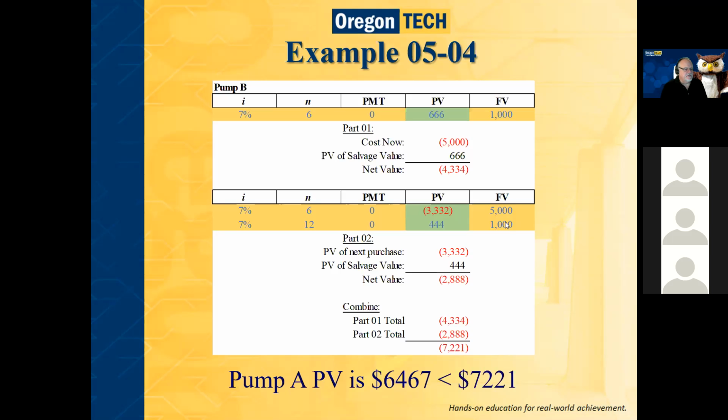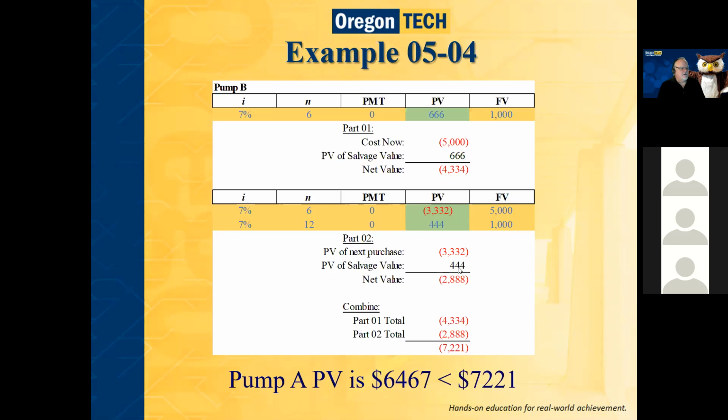And the salvage value of that $1,000, I'm going to get not at year 6, but at the end of year 12. So remember that timeline. I have 6 years for the first machine and 6 years for the second machine. I paid the same $5,000 to buy it, the same $1,000 after I sold it at the end of 6 years. So part 2 is that second set of years.